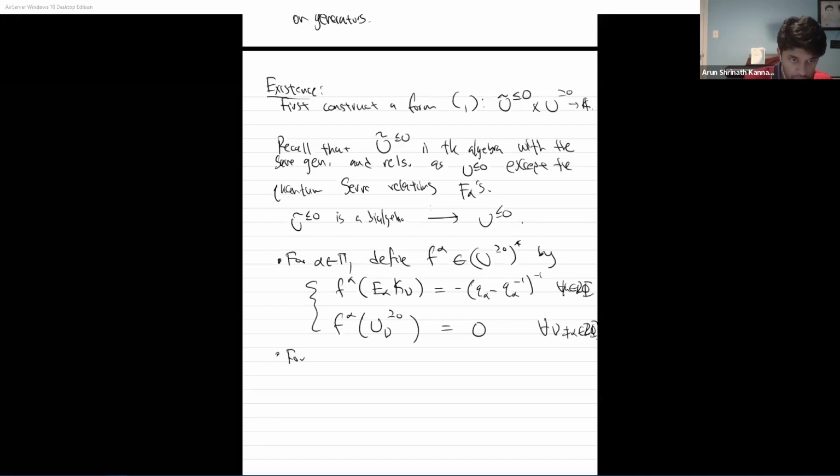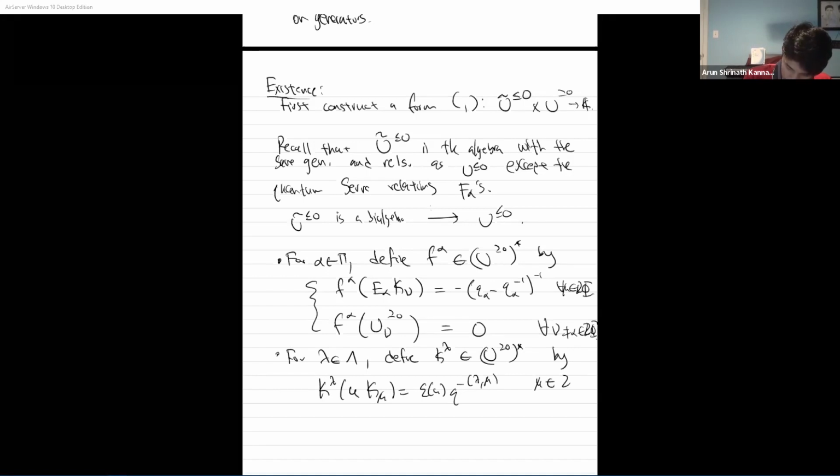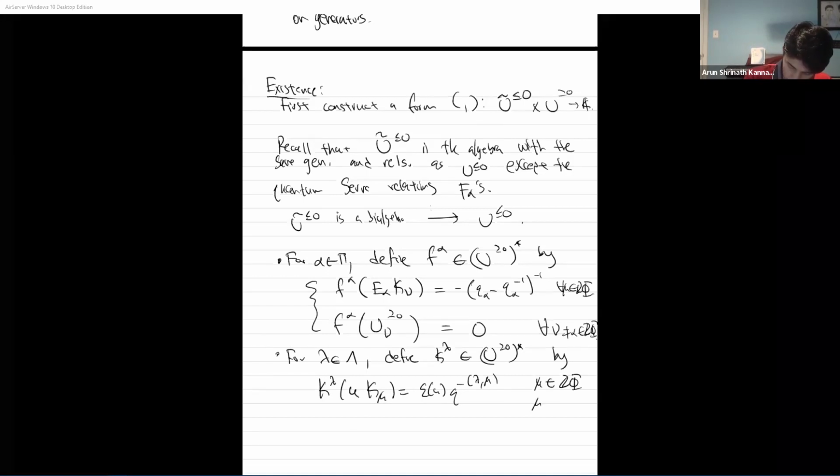For lambda in the weight lattice, define k upper lambda by k upper lambda of u k mu is equal to epsilon of u q to the minus lambda mu.